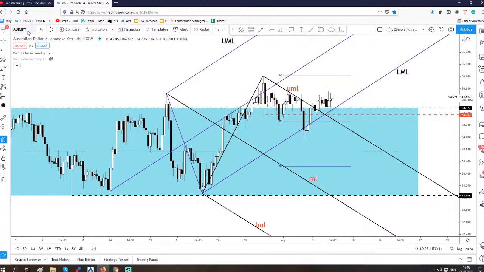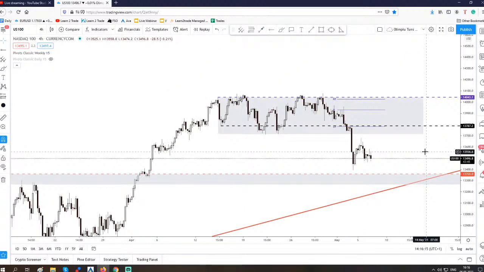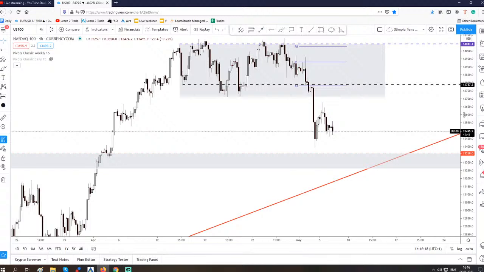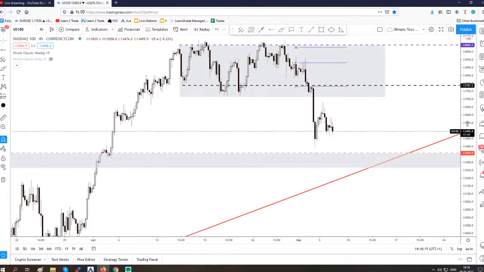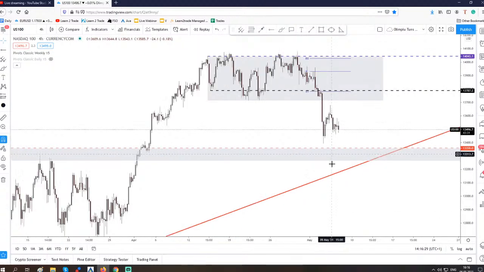So let's start with the US 100, very quick on the Nasdaq. As I've told you here, the US 100 could decrease and could approach this support area and also the major uptrend line, and only from here, maybe test, retest, false breakdowns or a reversal pattern in this area could bring us a new long opportunity, a new swing higher.